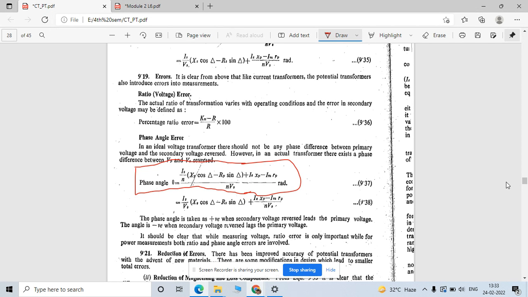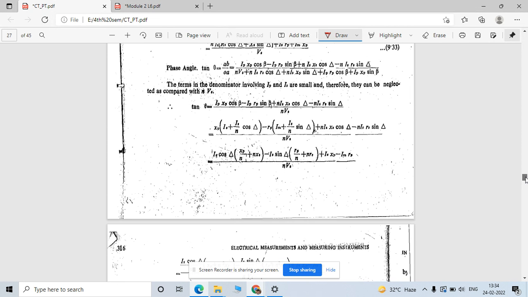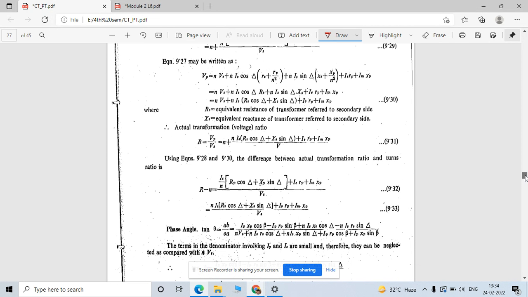Okay, and what is this R value? It is nothing but your actual transformation ratio.